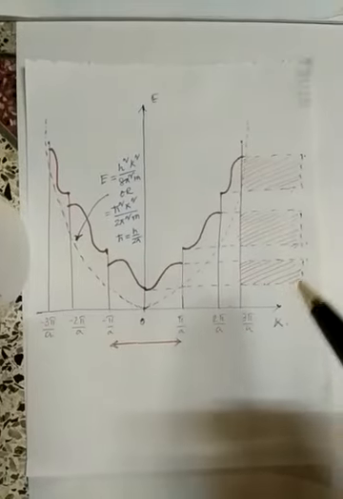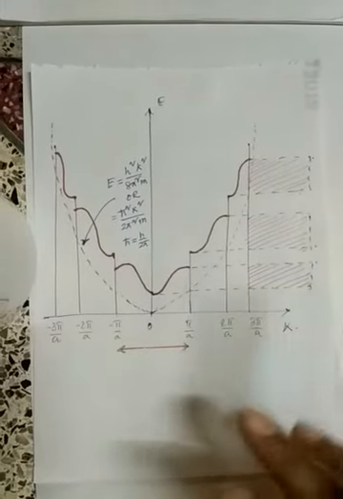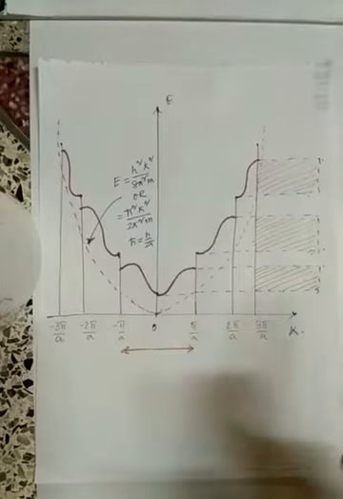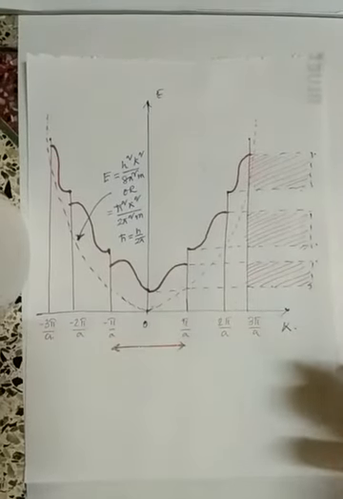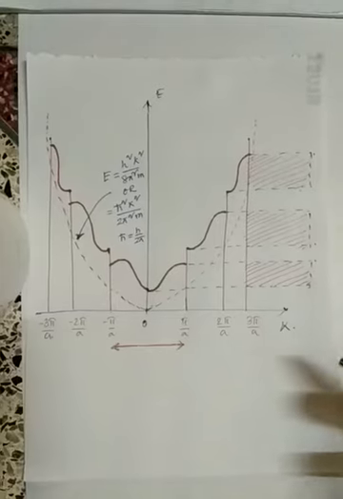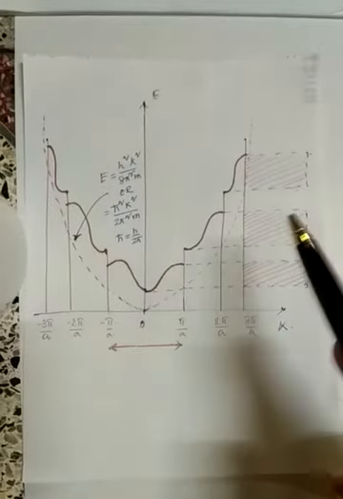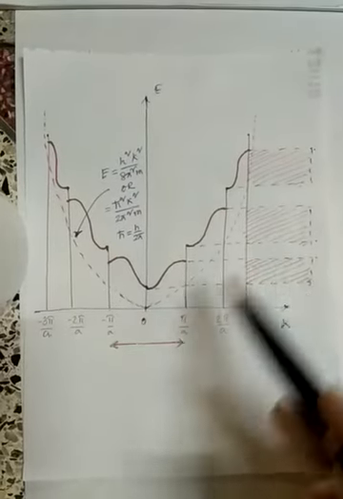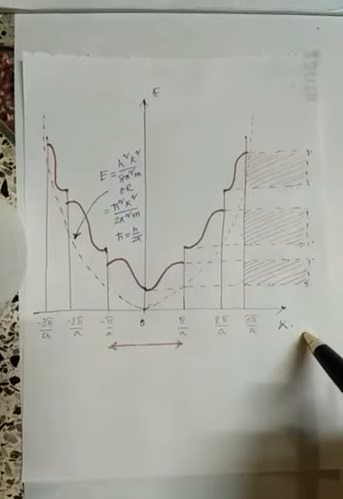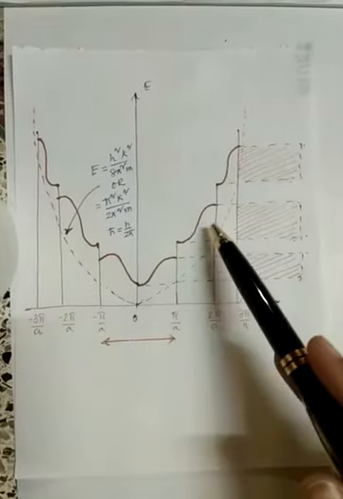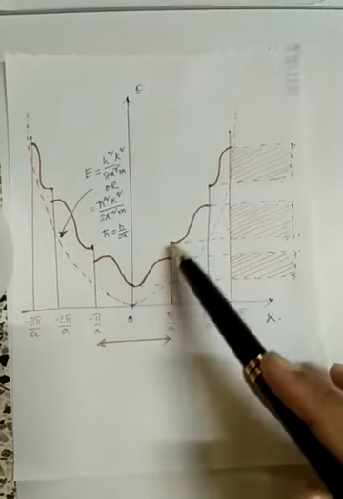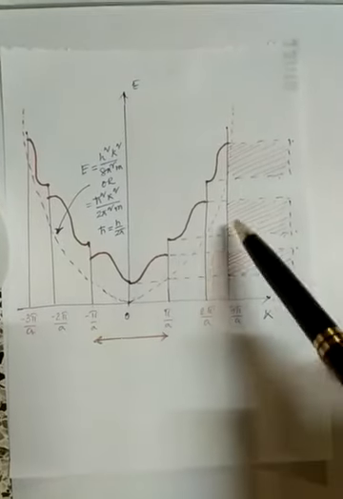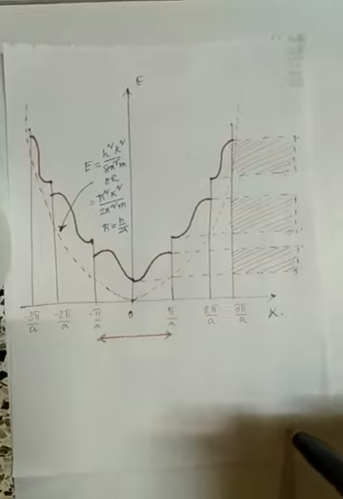Please notice that the electron is not continuously moving. Somehow it is moving, somehow it is scattering, somehow it is colliding with another particle. So that's why energy is not continuous in nature inside the lattice, inside the crystal. Where the energy is continuous, we call it an allowed zone, and where the energy is discontinuous, we call it a forbidden zone, right?